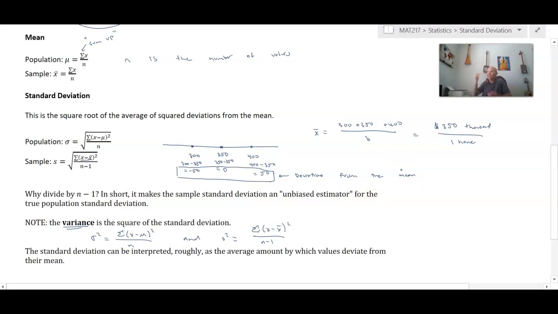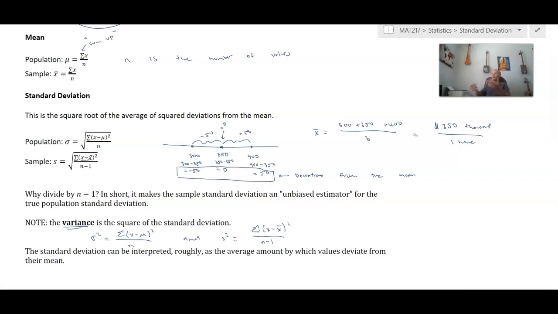So this is how spread out the values are as a distance from the mean itself, right? This one was negative 50, this one was positive 50. This value relative to itself is 0 because it happens to fall exactly at the mean.